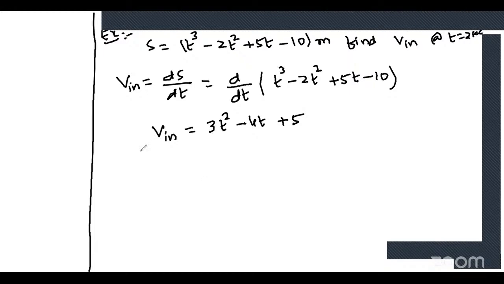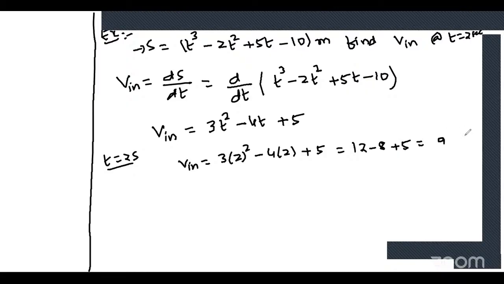We should differentiate and then substitute the value, because here displacement is varying. So 3 into 2 square minus 4 into 2 plus 5, which is 12 minus 8 plus 5, around 9 meter per second.